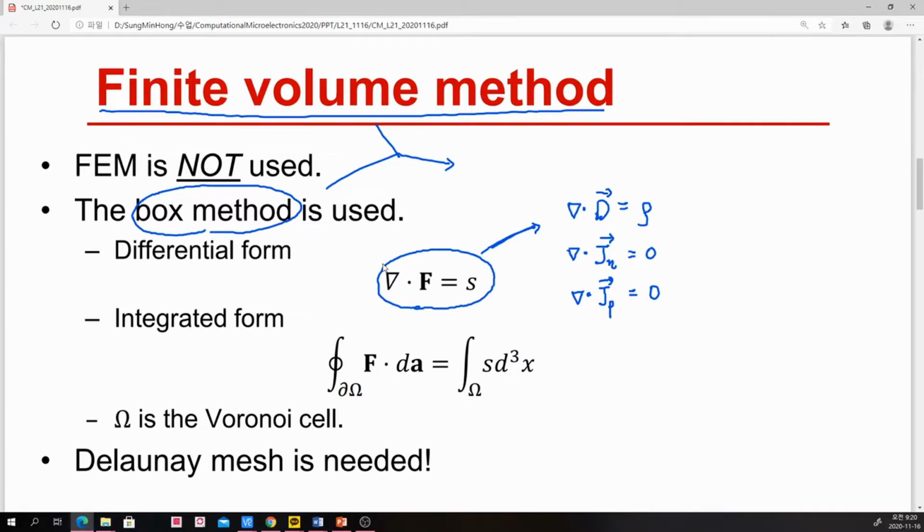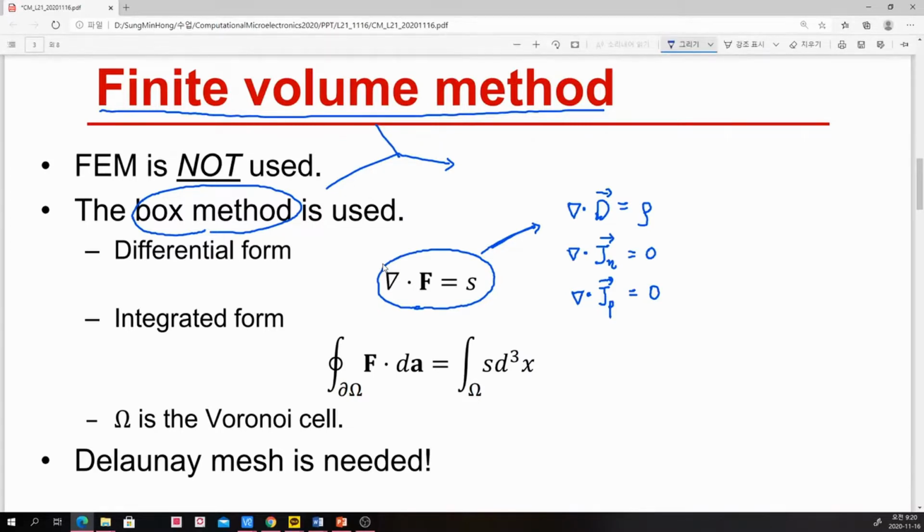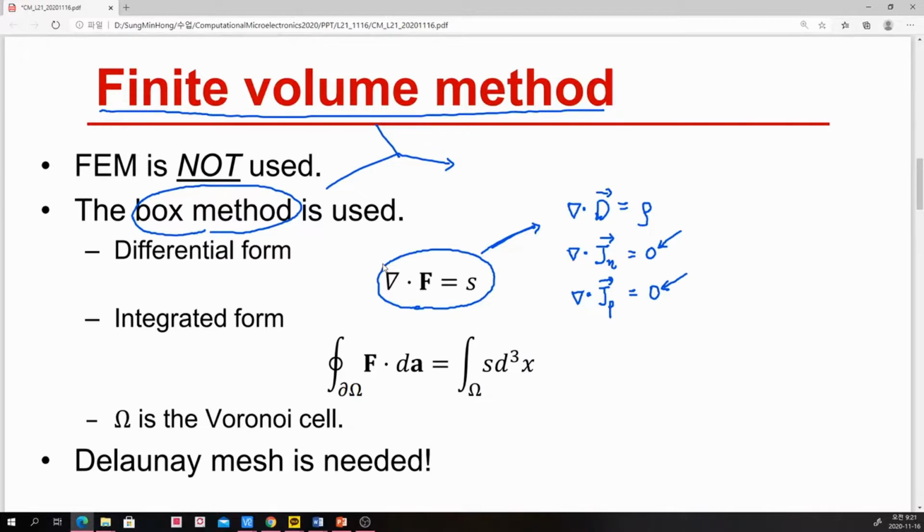Even when we have generation and recombination, we have a modification in this and that position, but that is just a source term on the right hand side. So this is quite generic for our purpose.